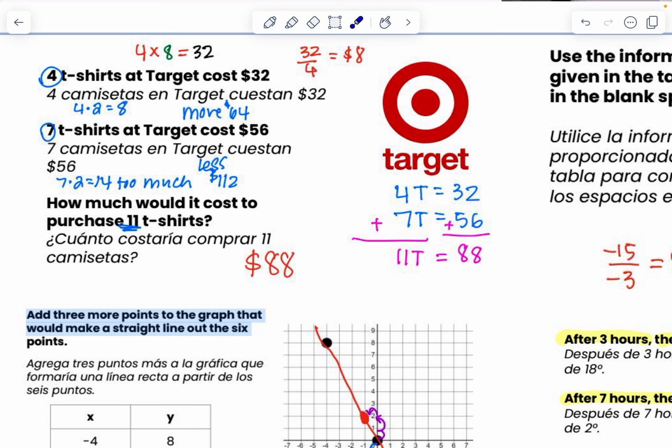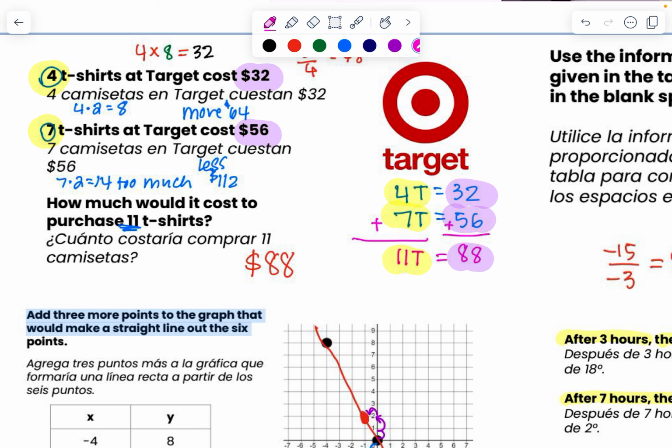Another really fun strategy that I thought was pretty cool that some people came up with was utilizing the fact that here we have 4 shirts and here we have 7, so 4 plus 7 gives us 11, and therefore we can just add up the cost of 32 and the cost of 56, and we ended up getting 88.